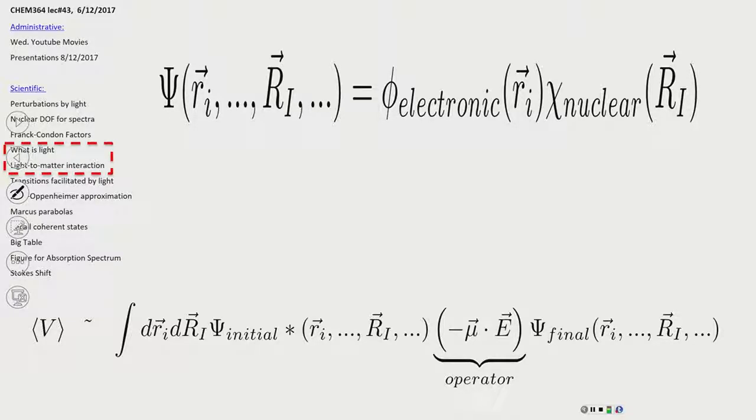And since the electric field doesn't depend on what the molecule is doing, we can pull it out of the brackets. Which means that the ability of the molecule to interact with light will depend on the matrix element of the dipole.